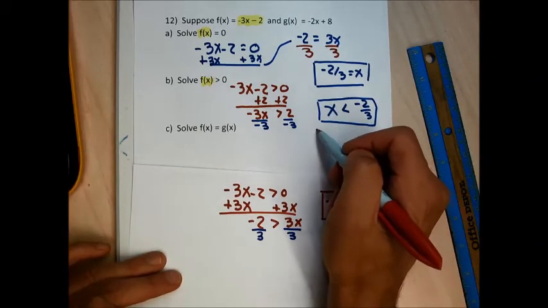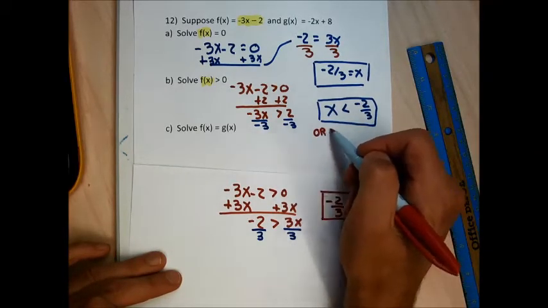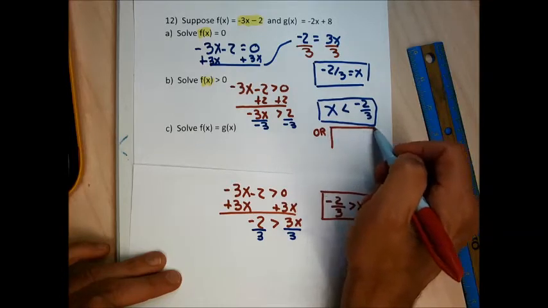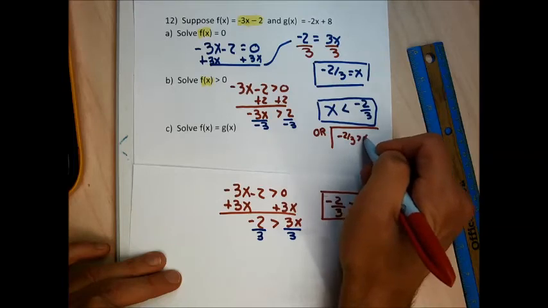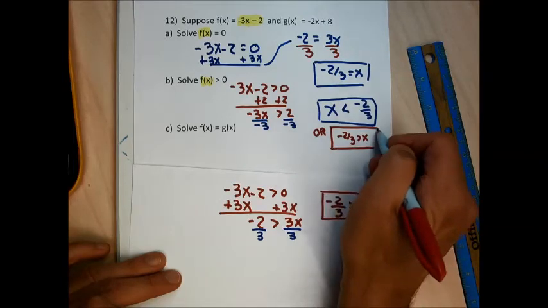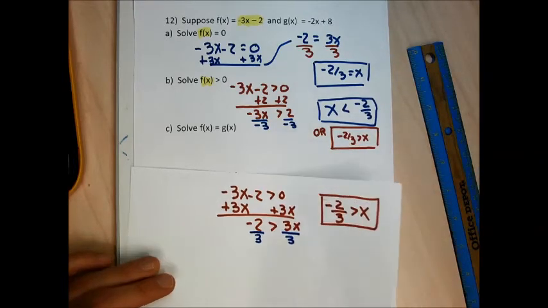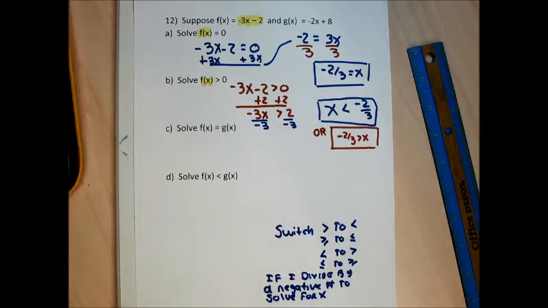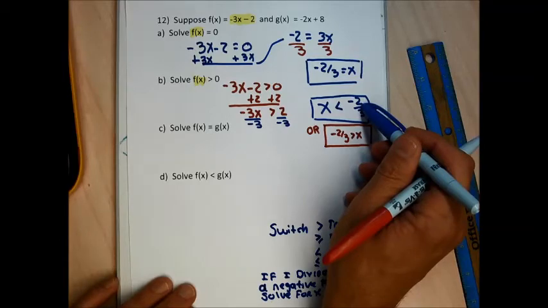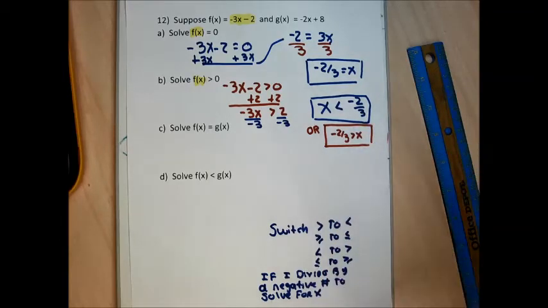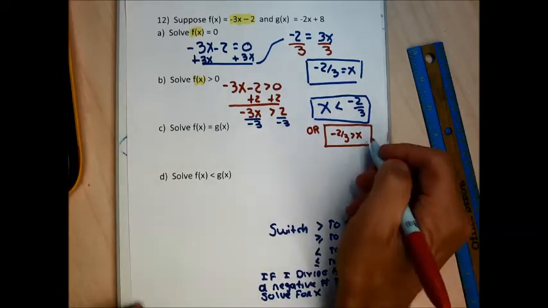So the answer that I got for part B of number 12 is the same as negative 2/3 is greater than x. There's actually 2 correct answers to problem B of number 12, depending on which side you have the x on. As long as the open end of the sign is pointing towards the negative 2/3, it doesn't matter which side the x is on.